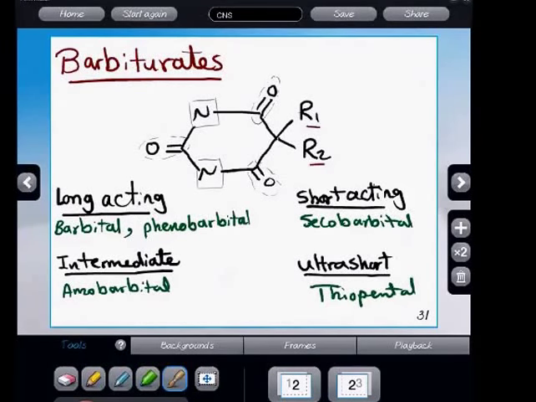Long-acting barbiturates are like barbital and phenobarbital, short-acting like secobarbital, intermediate-acting like amobarbital, and ultra-short, which has a very, very fast onset of action, is thiopental.